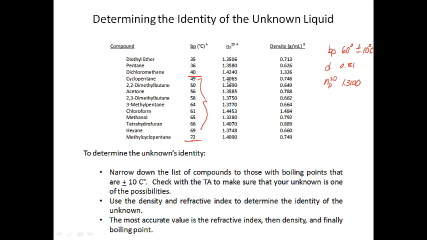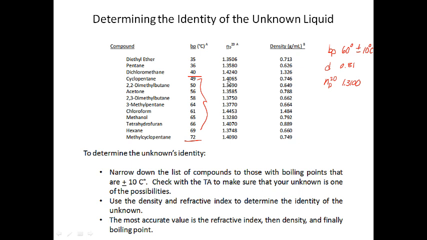Okay, we're using a big range because the boiling point is not the most accurate, but what we want to do is to get a big enough range so that the density and refractive index will then give us the unknown.